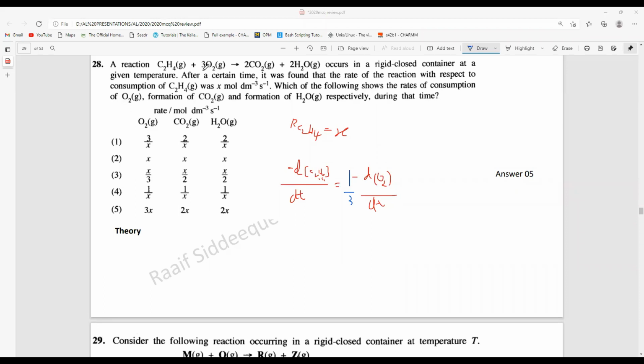If you want to equalize two rates, we take the reciprocal of the stoichiometry.